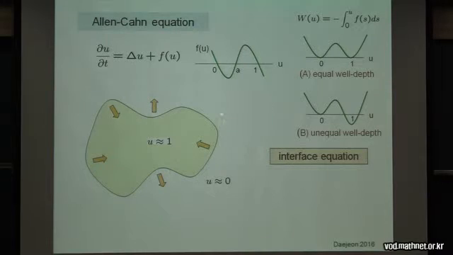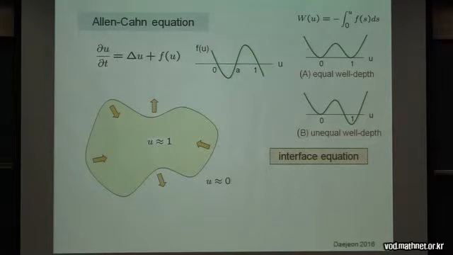In the case of the Allen-Cahn equation, it is known that the front or interface between the region where u is close to 1 and the region where u is close to 0 moves more or less by the motion by mean curvature, or the motion by mean curvature with some driving force.